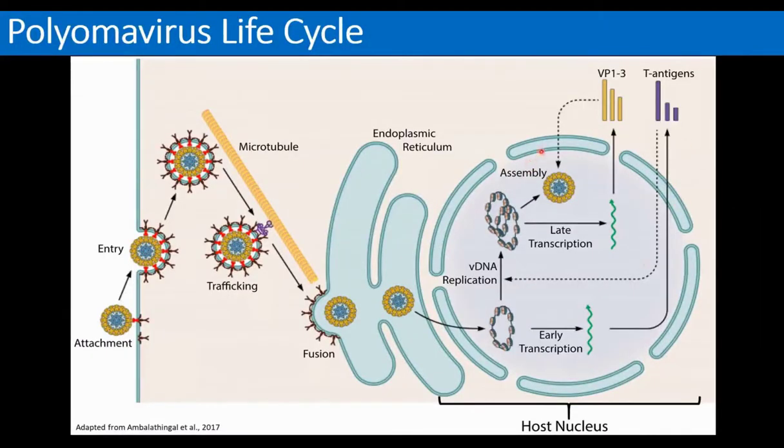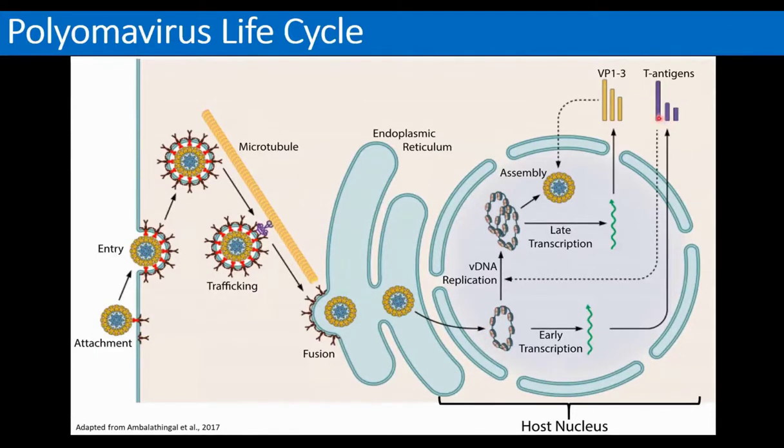So next, I want to put these processes of nuclear replication and virus assembly in the context of the whole viral life cycle. The virus first attaches to receptors on the cell's membrane, which triggers endocytosis. The virus traffics along microtubules to the endoplasmic reticulum, where the virus is partially dismantled by ER-resident proteins. The viral genome is then trafficked to the host nucleus. The viral T antigen proteins are expressed first, shown here in purple.